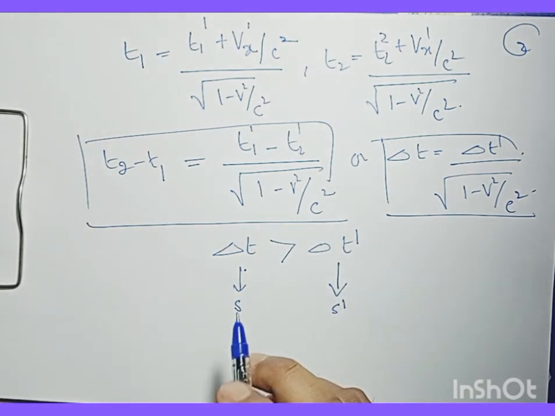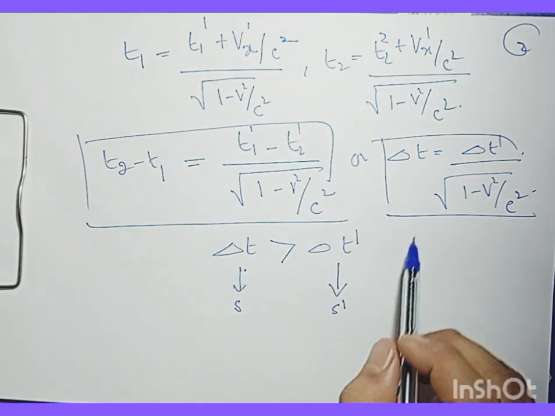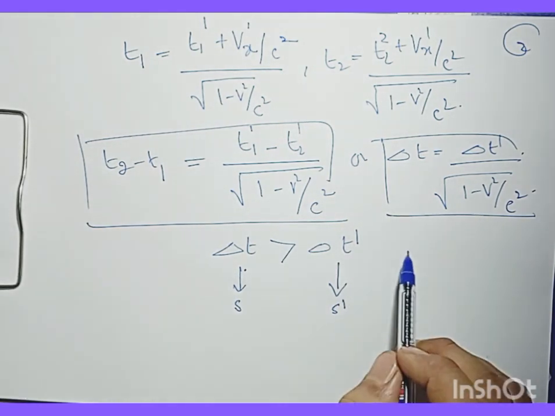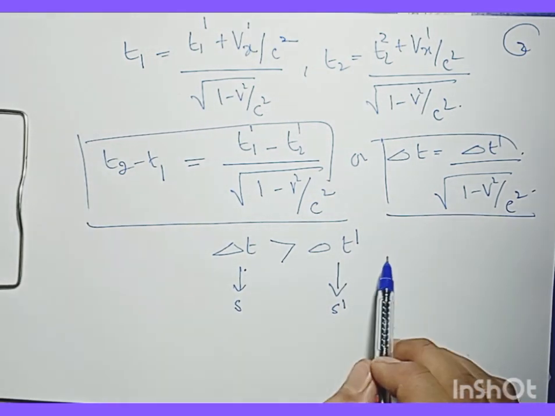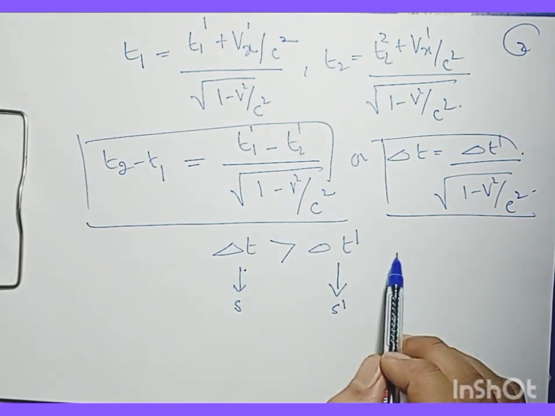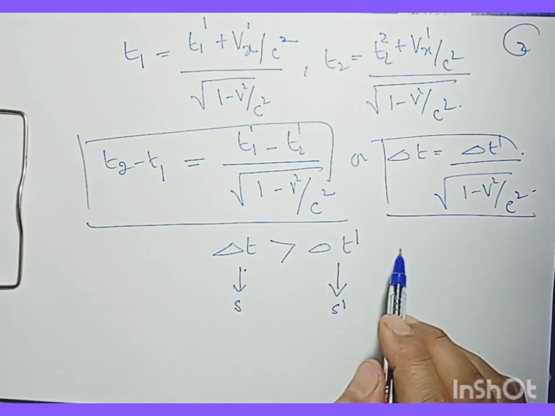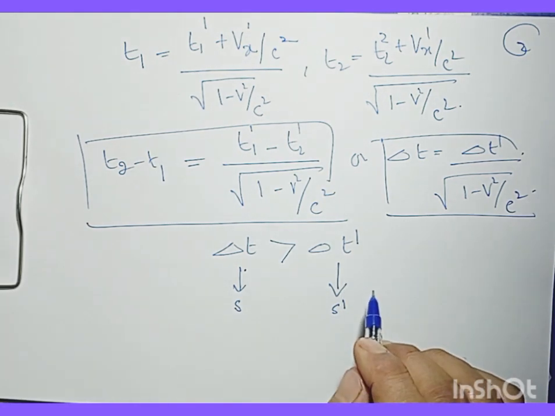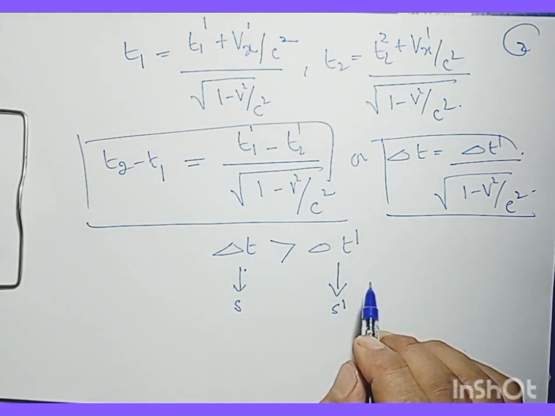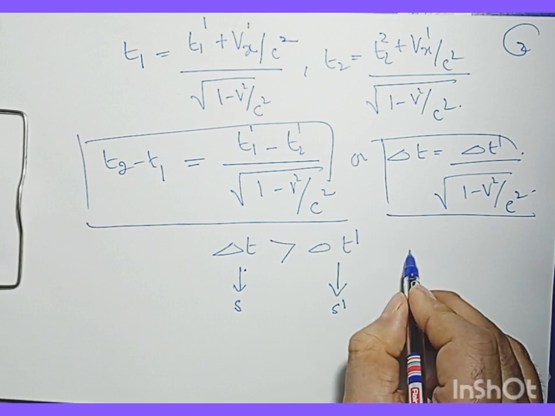So the moving clock appears to run at a slower rate, and time dilation becomes significant only when the relative velocity approaches the velocity of light.